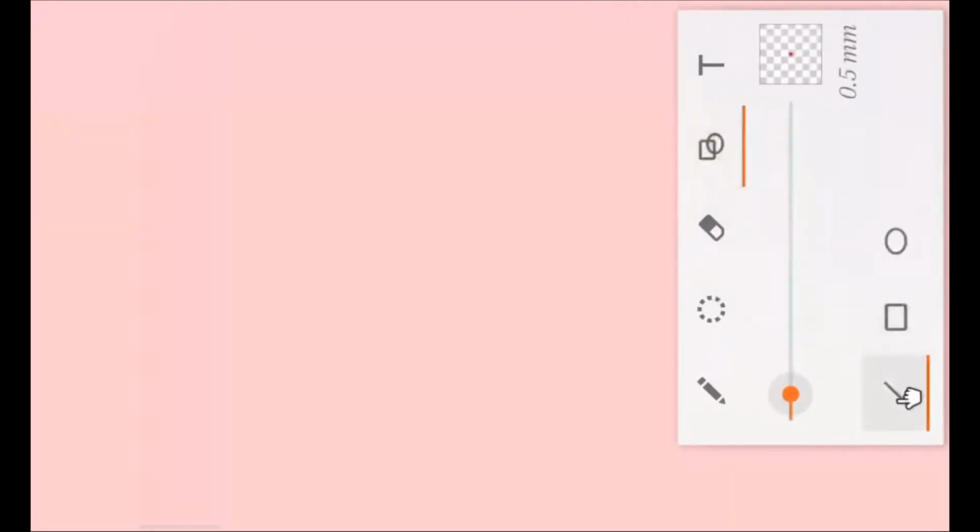What are the special shapes? Let us start with some special shapes. Let us draw a line this way and another line this way and another line this way.